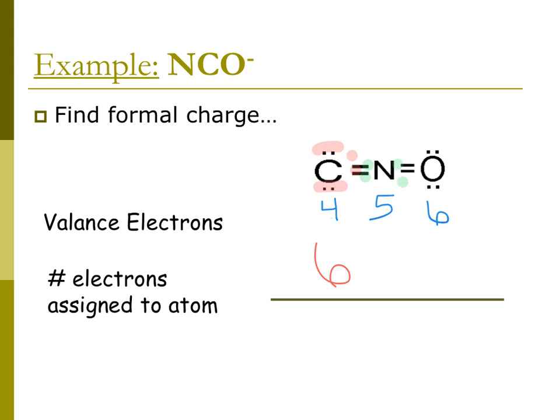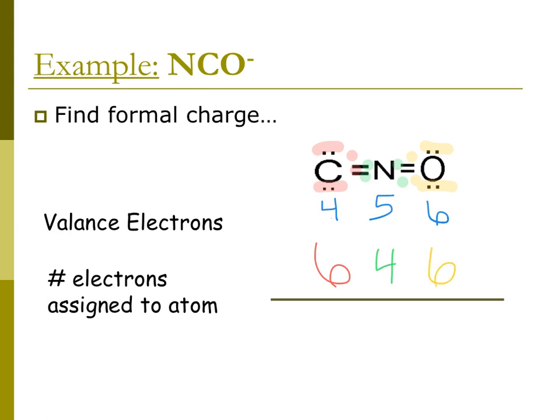So on the nitrogen, we would have 1 electron from each bond for a total of 4 electrons assigned to the nitrogen this time. Notice how that's kind of the same as when the carbon was in the middle. It had access to 4. And then when we look at the oxygen, we have the 2 lone pairs and 1 from each bond for a total of 6. So we have 6 for oxygen.